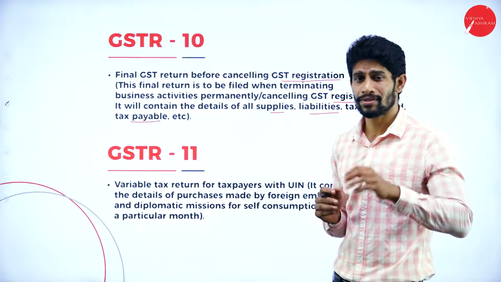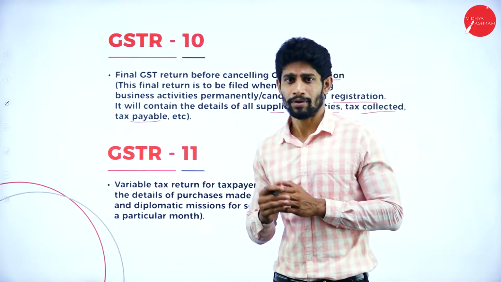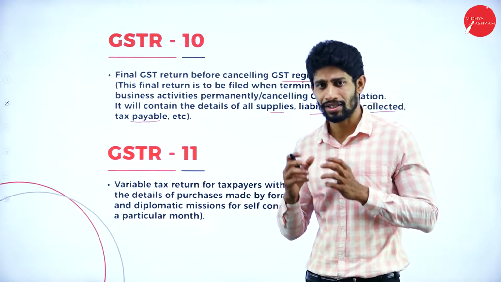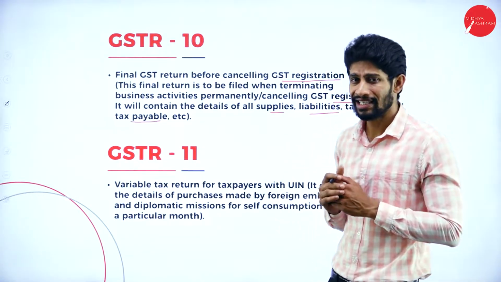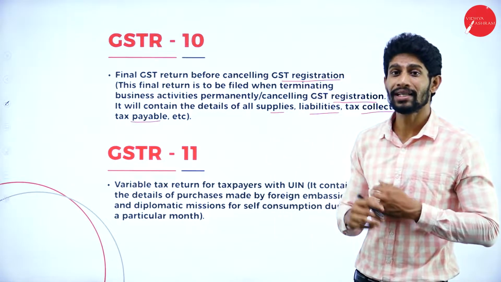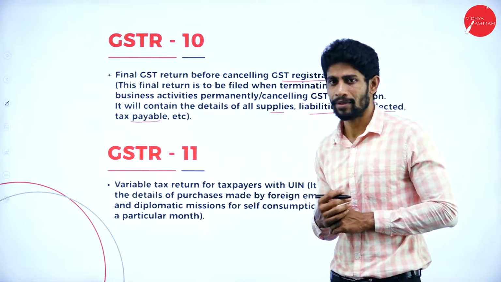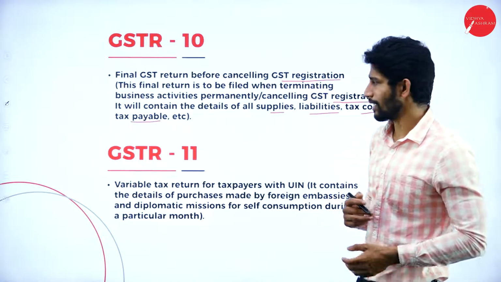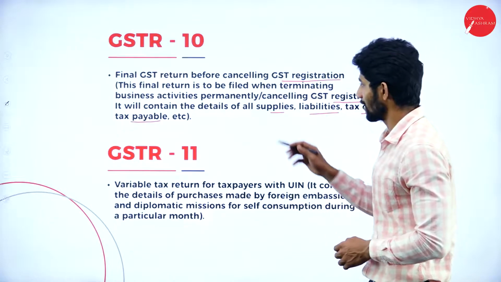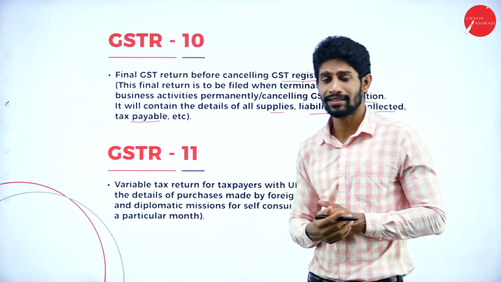So what that person is supposed to do before closing his business, before cancelling the registration with the GST authority, he is supposed to file the GSTR 10 form. So why is he supposed to file the GSTR 10 form? Because to give the details about the supplies, liabilities, collected tax and tax payable.